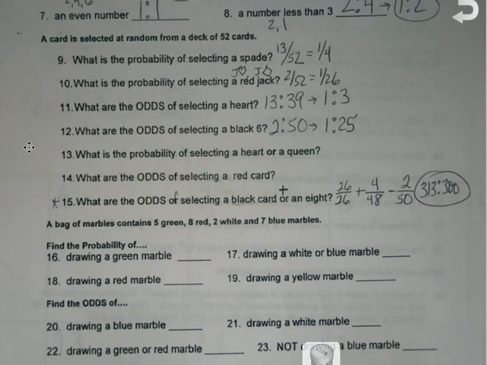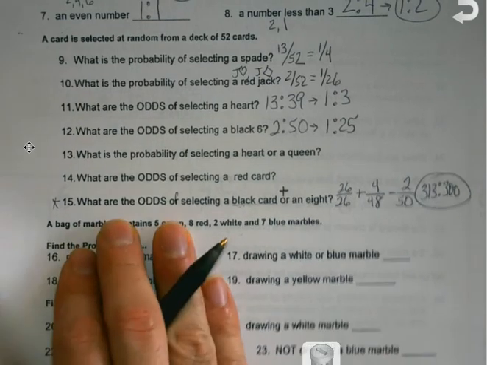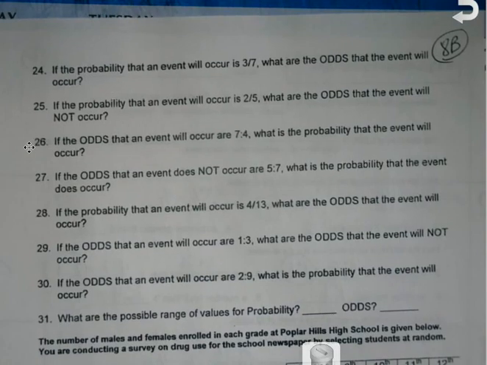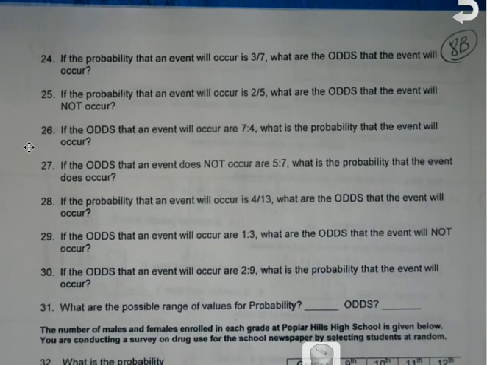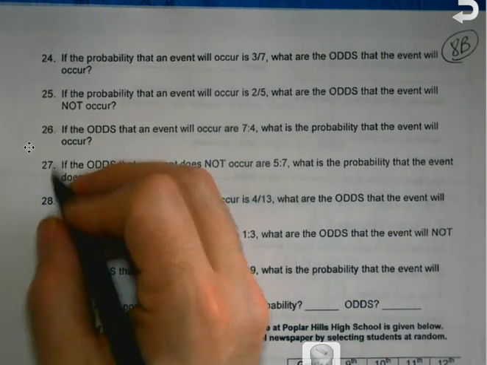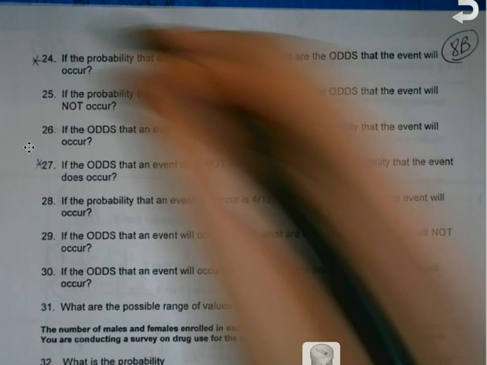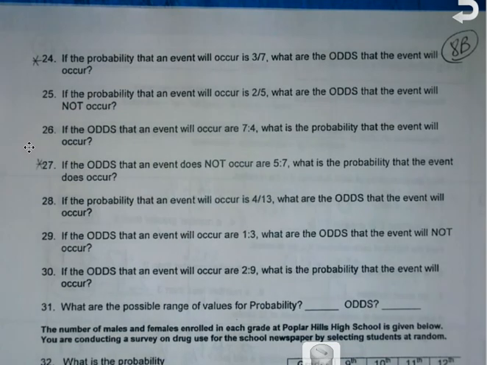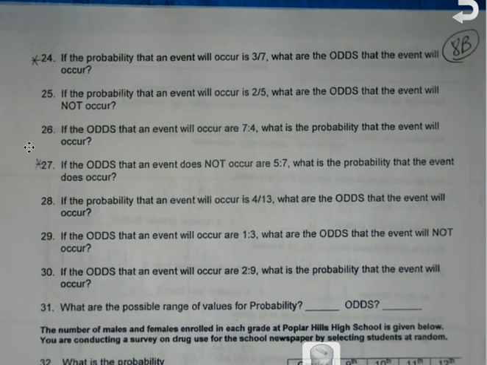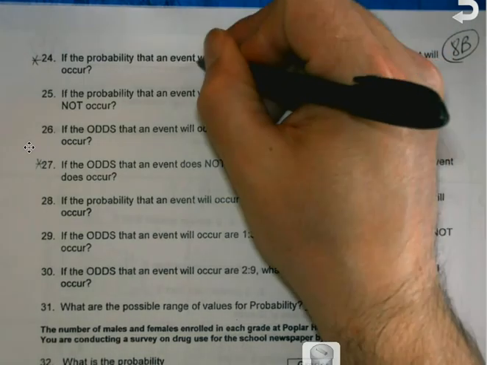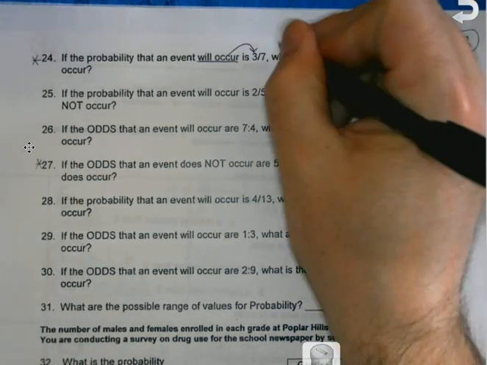Last twist I can throw at you. I only got one more. Oh, put it in sentence form. So, let's look at 27 and 24 here, just to get you a kickstart. If the probability that an event will occur is 3 to 7, so again, will occur is 3.